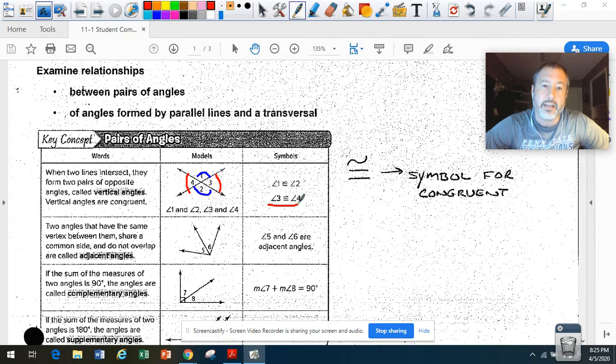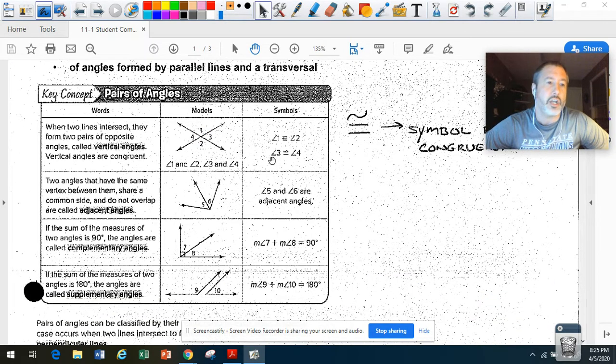That's what we have right here. So that means they are equal, which means their measurements are the same. Basically what we're saying here is if angle 4 was 65 degrees, angle 3 would be 65 degrees. Let's just say that angle 1 was 115 degrees. That makes angle 2 115 degrees. So they are equal. They are vertical angles. So let's continue on down here.